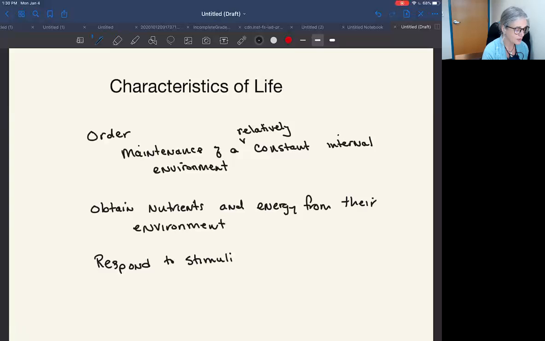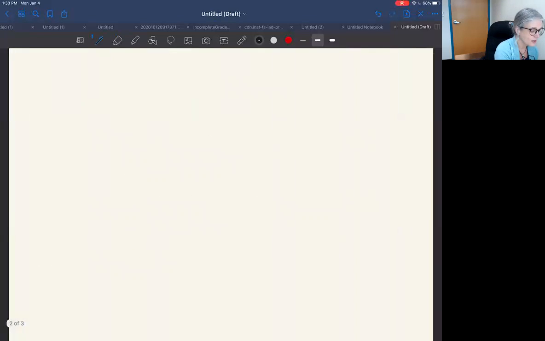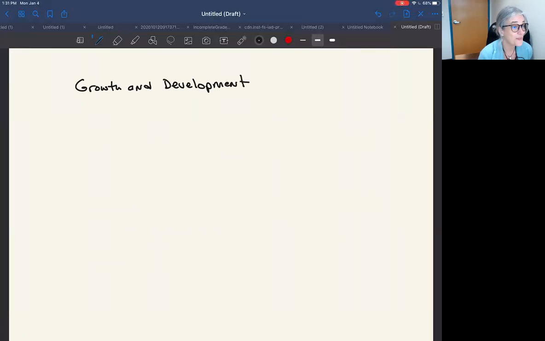When we talk about organisms growing and developing, another characteristic is that they have growth and development. We have to be able to respond to our environment, and we have to be able to obtain nutrients and energy from our environment.